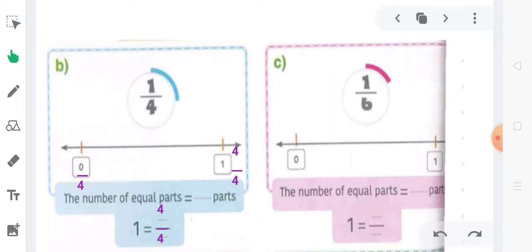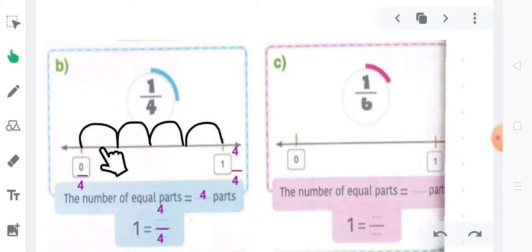So we have 4 parts and 1 equals 4 over 4. So I will make 4 jumps. This is the first jump, the second jump, third jump, fourth jump. Each jump represents a quarter. This is 0 over 4. So here in the first jump, 1 over 4, then 2 over 4, then 3 over 4. Let's write it. Okay, 1 over 4, 2 over 4, 3 over 4, and the last one is 1. You know that 1 is equal to 4 fourths.